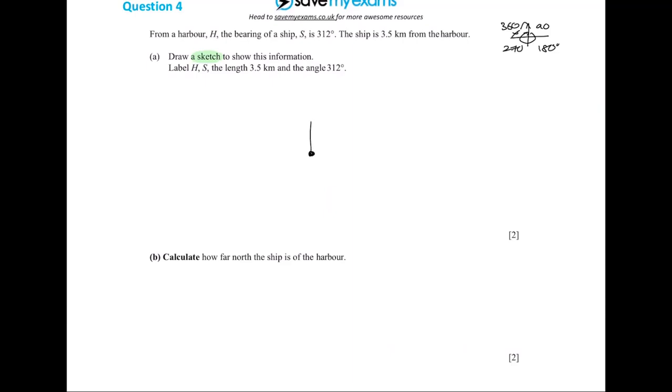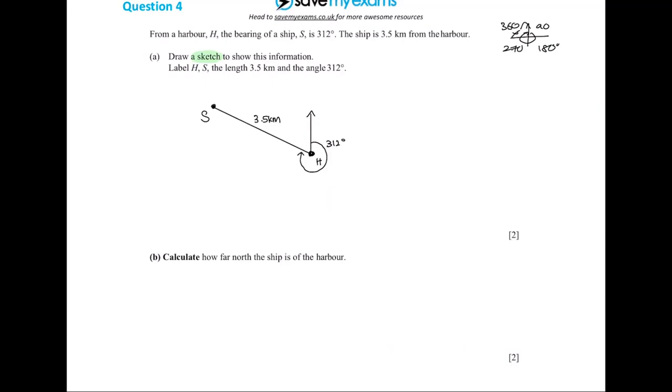So from the harbor, this is your harbor, 312 here, and then the harbor to the ship.